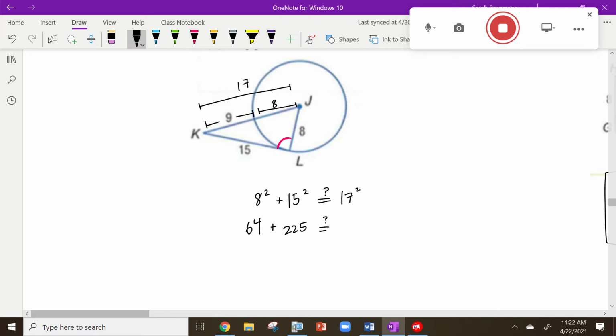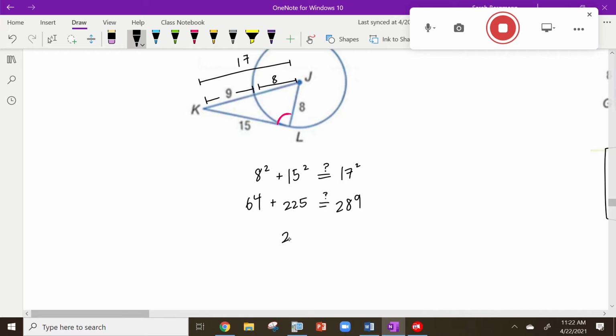And we want to know, is the sum of that equal to 17 squared, which is 289? Is 225 plus 64 equal to 289? Yes, it is. So we have 289 equals 289. That's a true statement. Therefore, angle L is a right angle.